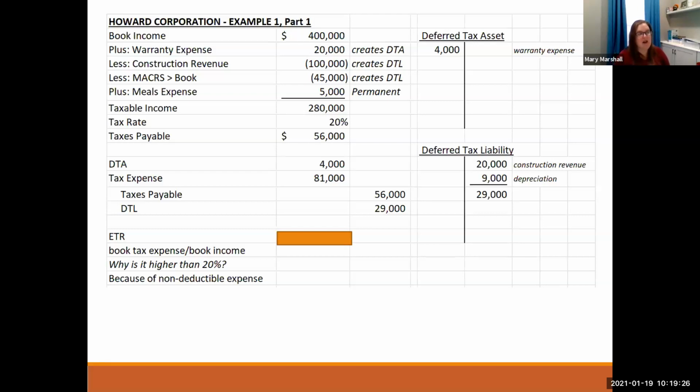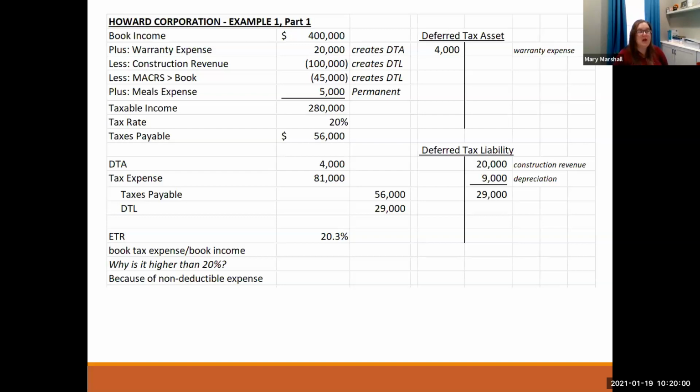Next, we can calculate the effective tax rate. So we know that our book income was $400,000 and our book tax expense is $81,000. To figure out the effective tax rate, we would divide $81,000 by $400,000. We get 20.3%. And you can see the note here. Why is it higher than 20%? Because there was a non-deductible expense.